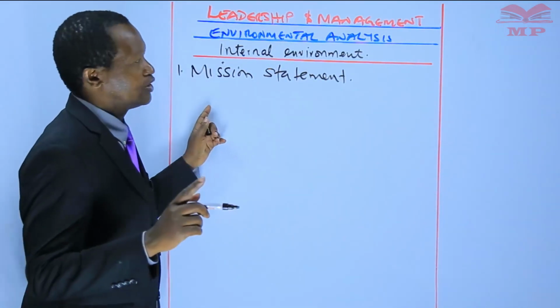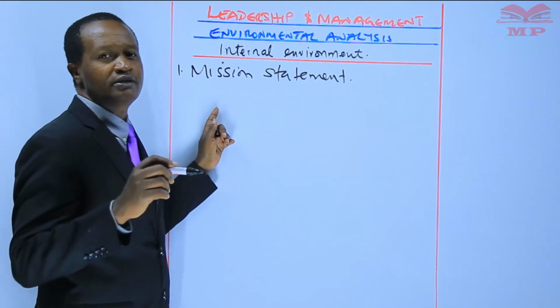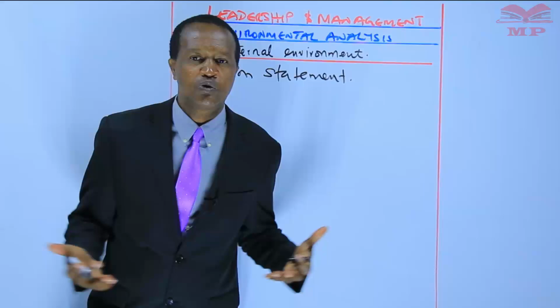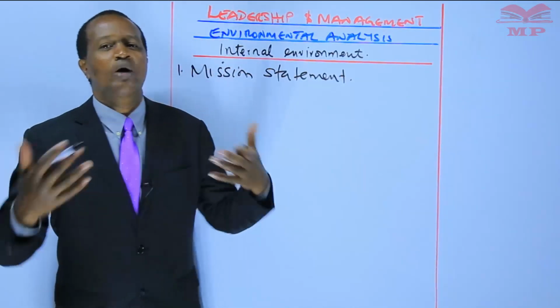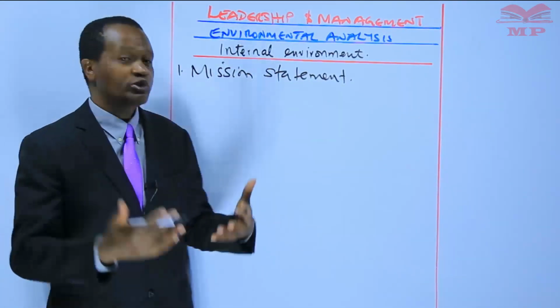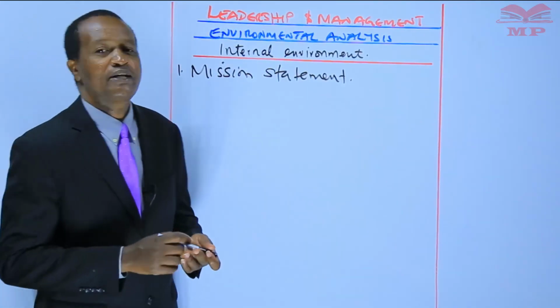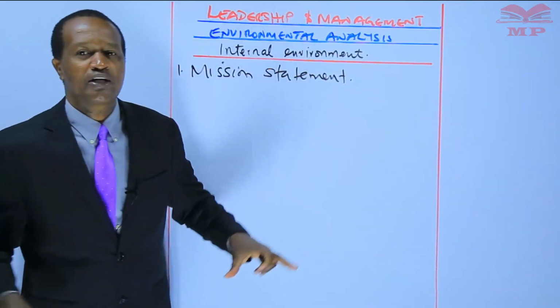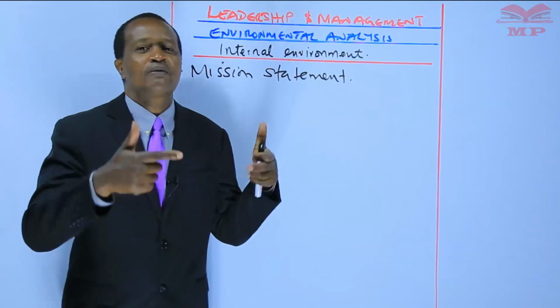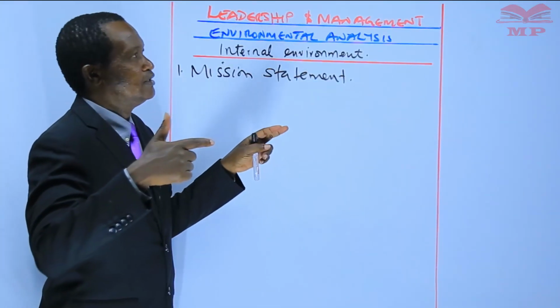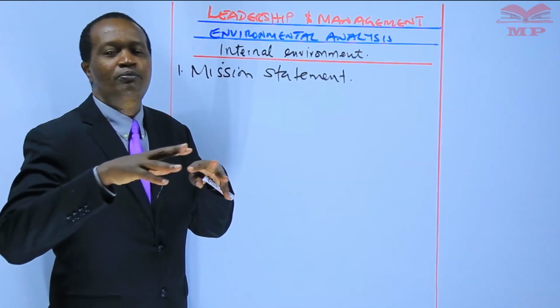Now, an organization's mission statement describes what the organization stands for and why the organization exists. In other words, it explains the overall purpose of the organization and includes the attributes that are put on paper.